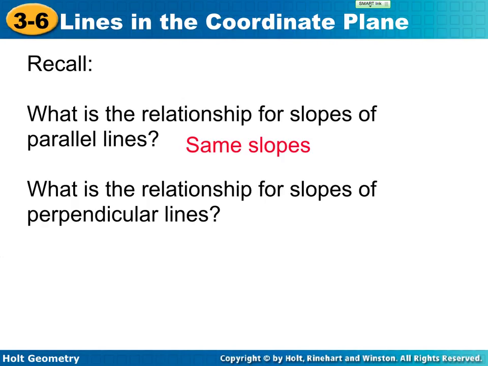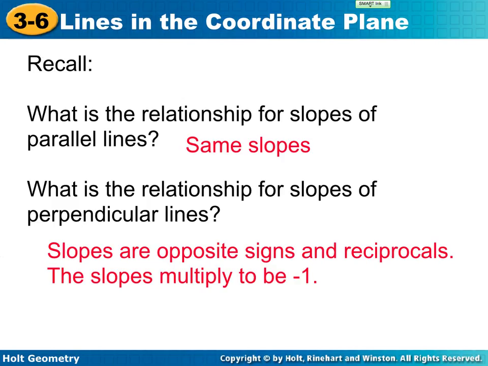The last page? 3.5? Yeah, 3.5, down at the bottom. Parallel lines theorem, perpendicular lines theorem. The perpendicular lines theorem said they would have opposite signs and be reciprocals. If you multiply them, they would be -1. So that was in section 3.5. I think that's part of what's on your list.